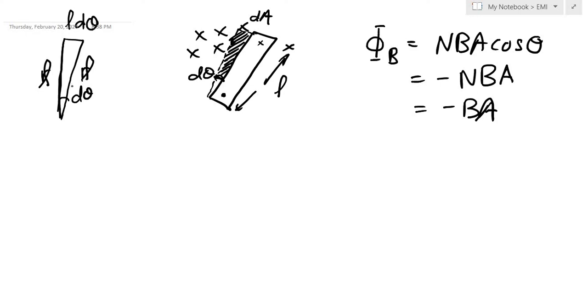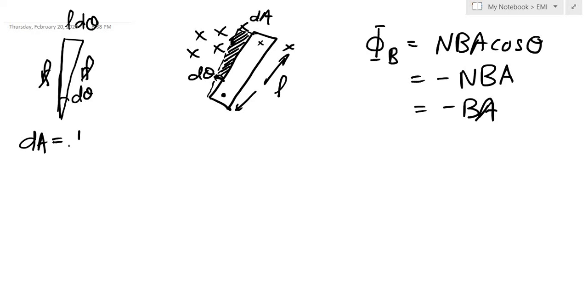Now to find the area, first know that this curvature is so small that it is almost flat. It's almost like the base of a triangle. So you can just find the area, dA of this thing, by assuming it to be a small triangle.